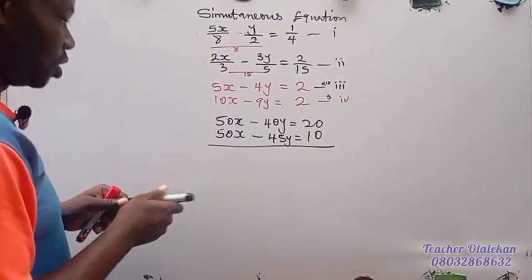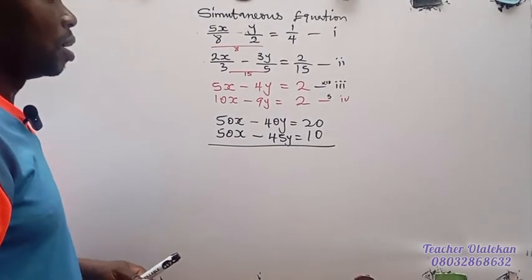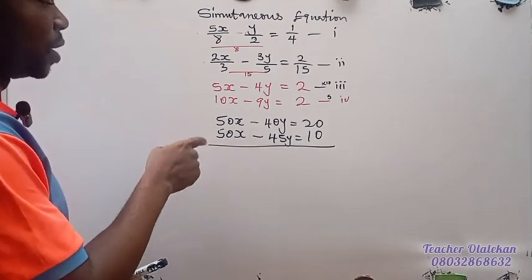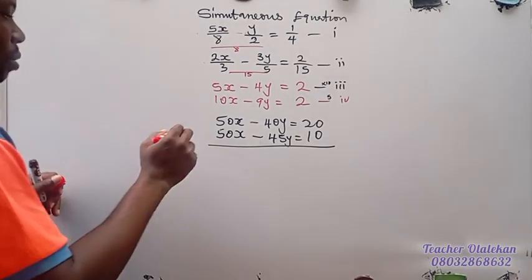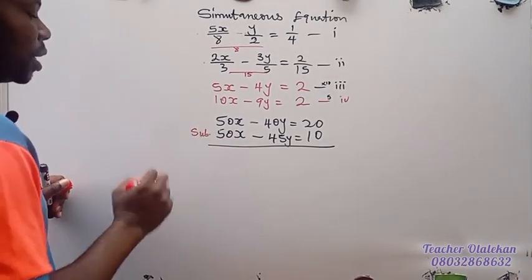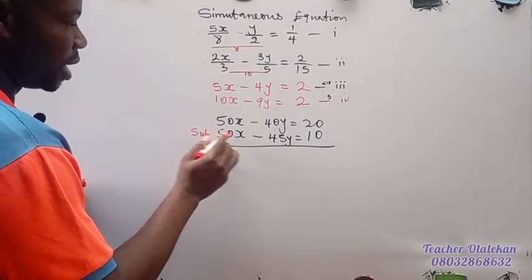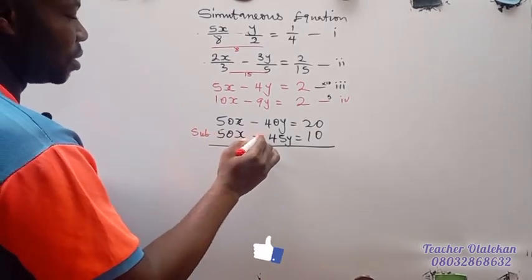At this stage, do not forget, if you've watched our previous videos on the elimination method, you will notice that when you have the same sign, you take away. But when you are subtracting, you need to take cognizance of the fact that your subtraction sign will neutralize all the signs you have here. If your negative multiplies this, it is going to be plus.